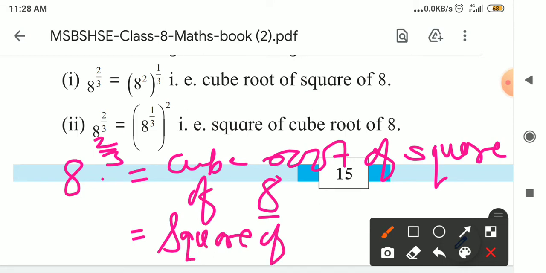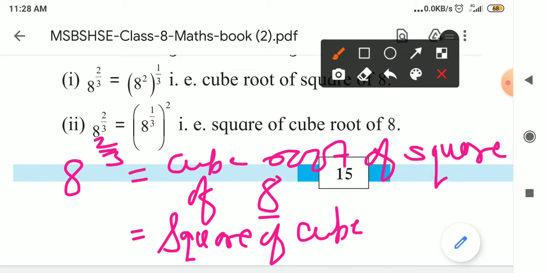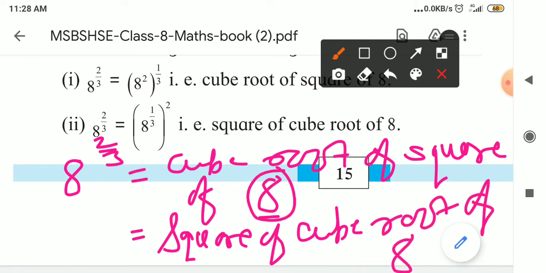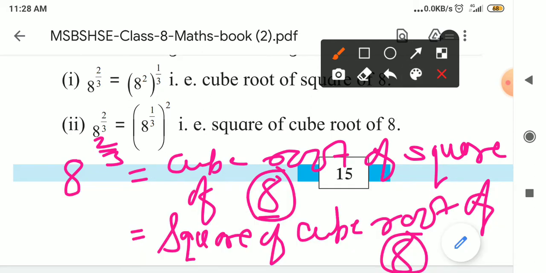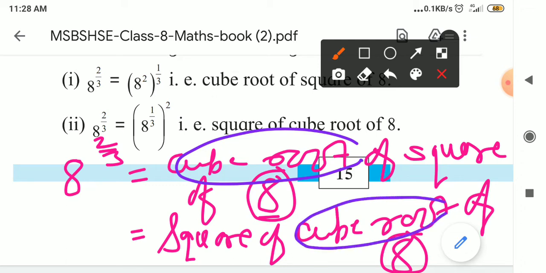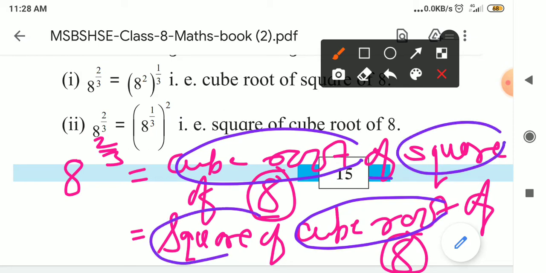Square of cube root. Now take the denominator. Only the position we are changing. Square of cube root of 8. 8, if you see here, in both readings is at this place only. Only the position we are changing: cube root we take forward, before the of, and square, which is at the second position here, we take first.